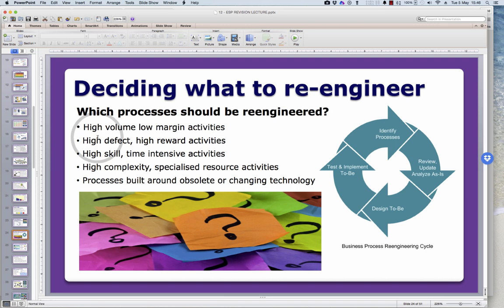And there are these other, so high defect, high reward activities. So something that's costly, if you have a big defect in it, costs you a lot of money. So if you can obviously re-engineer, that's good. High skill, time intensive activities, maybe re-engineer that to take some of the skill out or to manage it better. So there are some options there for what you might choose to re-engineer.